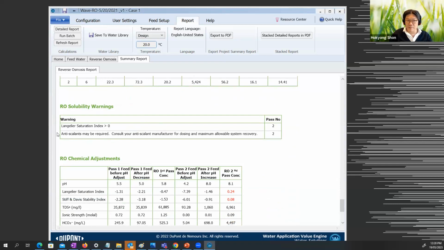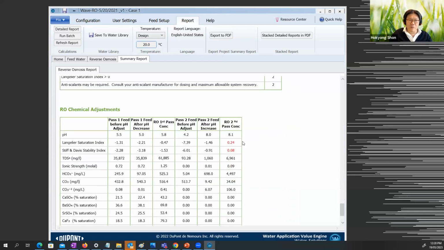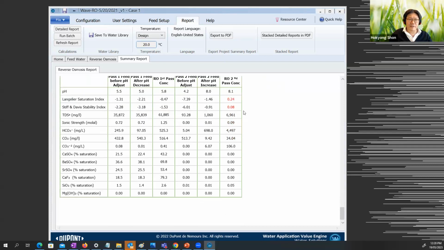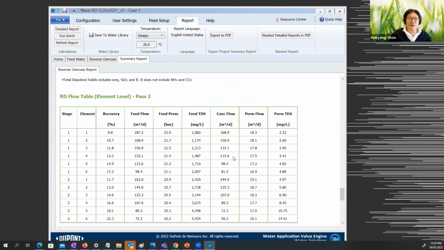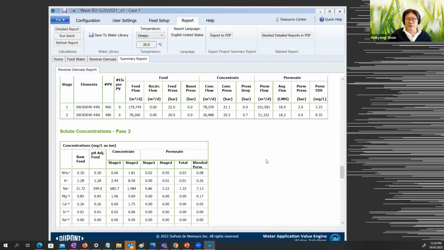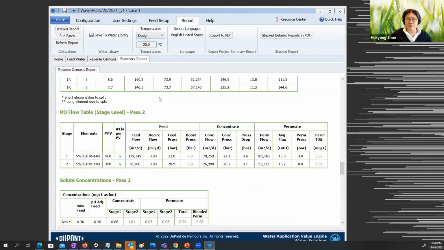So you can put some anti-scalant in your system so that your overall fouling potential can be reduced, and you can also reduce your pH after the second pass so that you have a better fouling potential than now. So that's how you have to consider your summary result, and then you can incorporate.